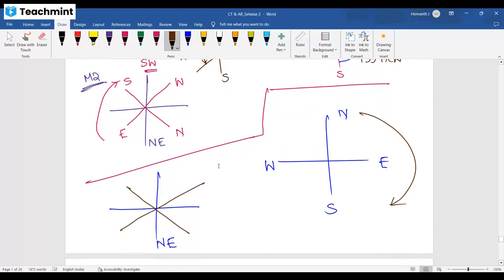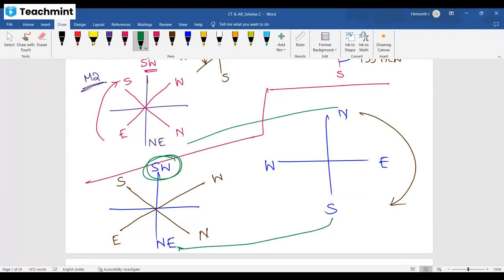So first north will come clockwise, then east. East's opposite is west, north's opposite is south. Now what they are asking: previously south is occupied by northeast. Previously north is there. In that place, what came? This is between south and west, which is called southwest only. In the previous north position, what is now covered? See, south you replaced with northeast, then north should be replaced with southwest.